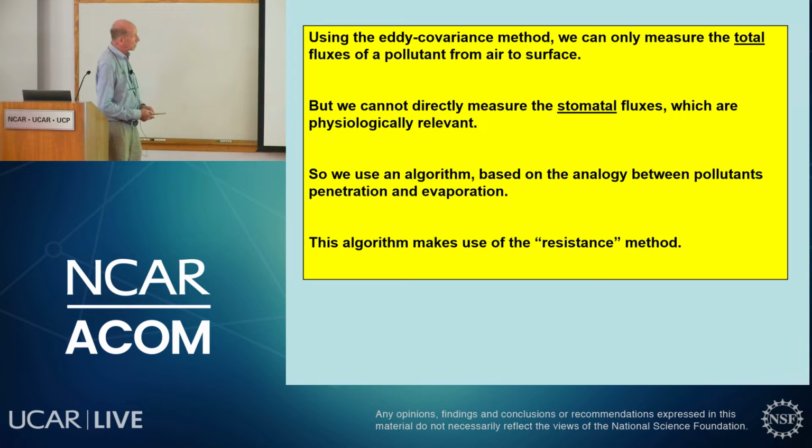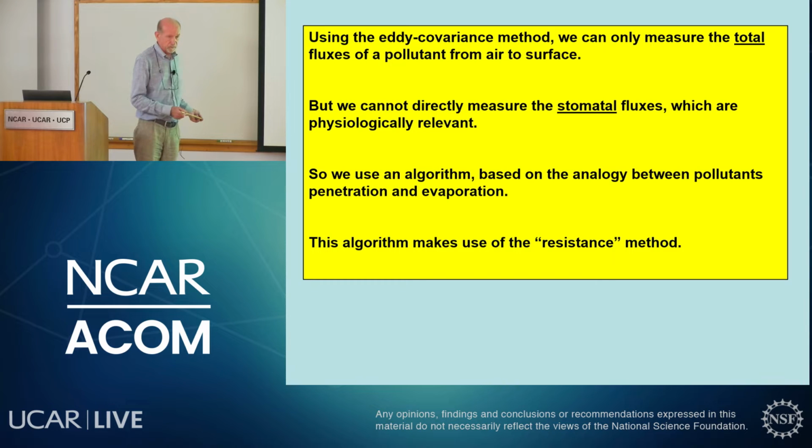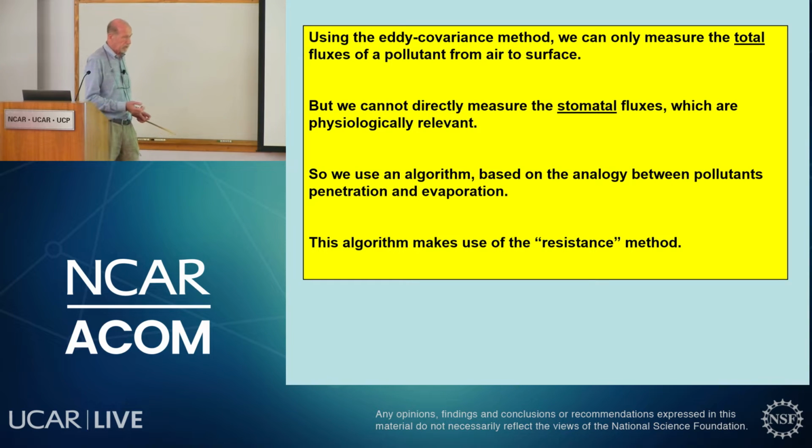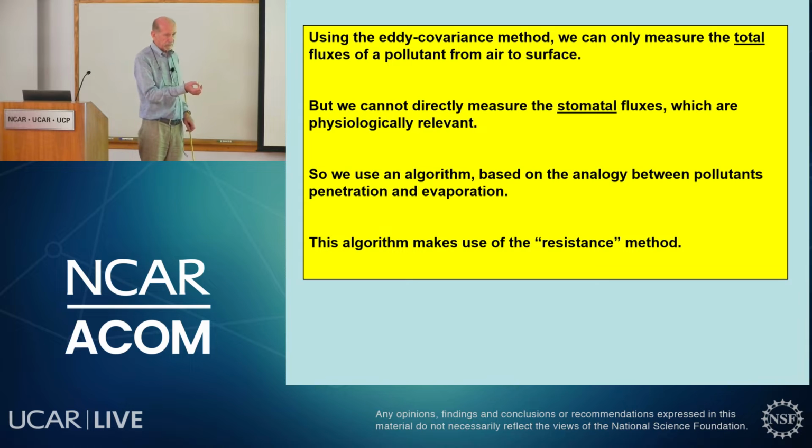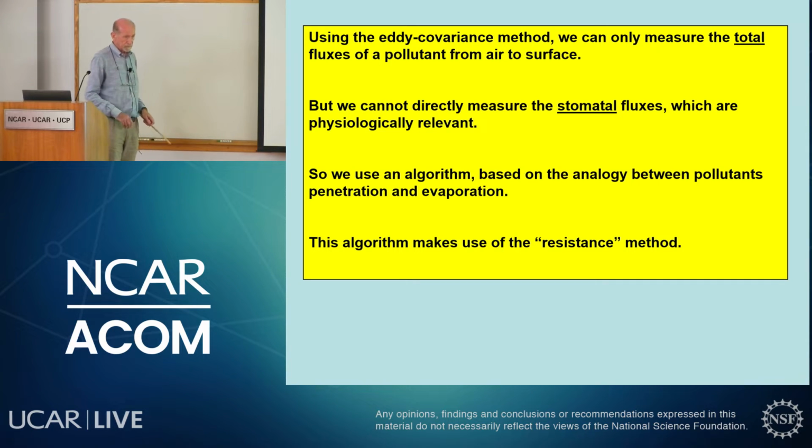So using the eddy covariance method, we can only measure the total ozone flux, for instance. But what is important if you study the effect on vegetation is the quantity of ozone which is absorbed, taken up by the plant. And this is not expressed by the total flux, but by the stomatal flux, because most of the pollutant penetrates in the leaves through the stomata, which are small pores on the surface of the leaves.